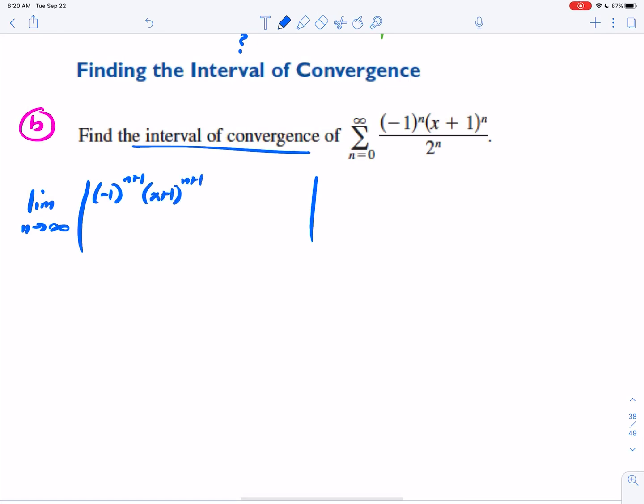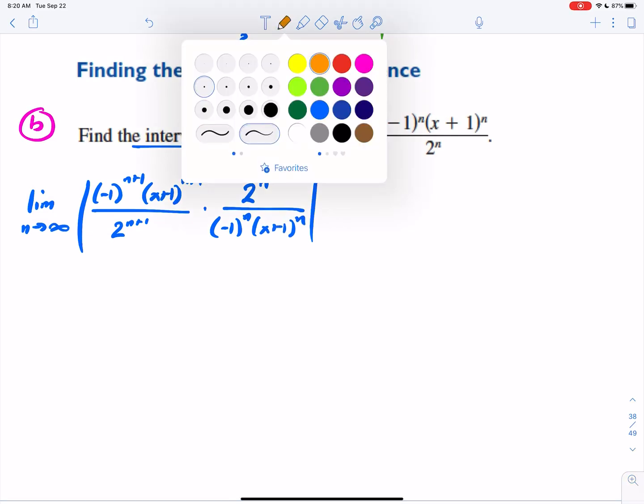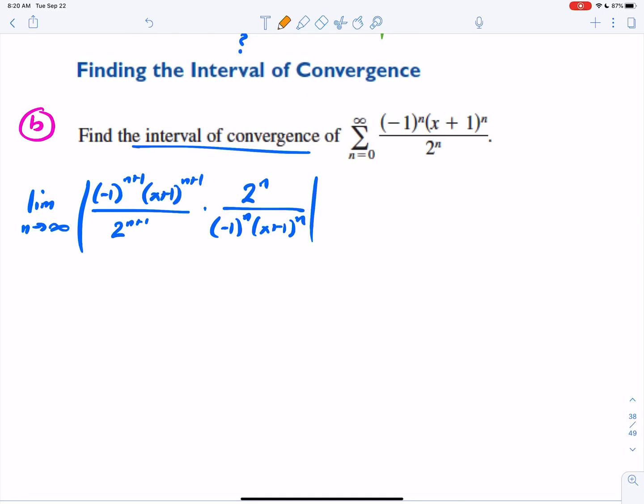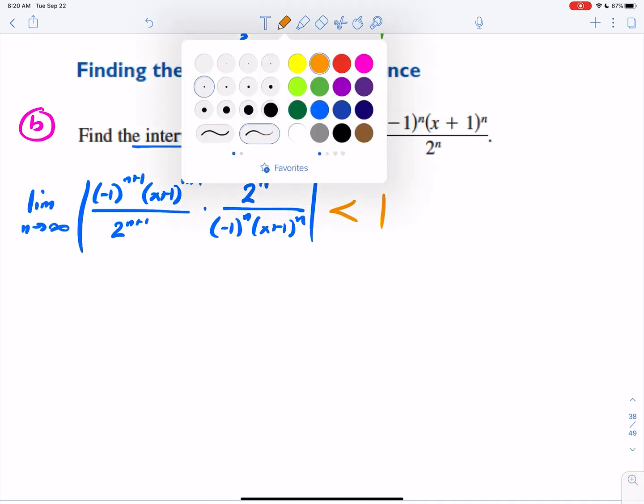So I replace every n with an n+1 divided by the general term or multiplied by the reciprocal. Okay, and I purposely make it converge so the ratio test has to be less than 1. Always, okay? That never changes.